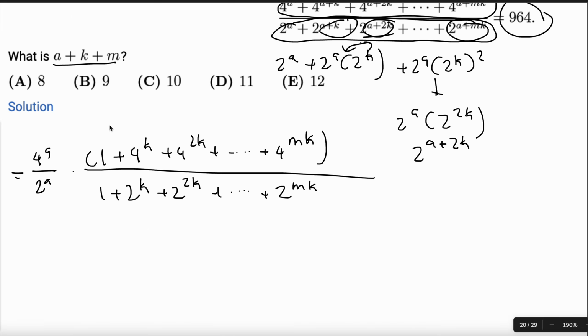And so we'll just continue simplifying. This is just going to equal 2 to the a, because that's 4 over 2 to the a, so 2 to the a times, and so now we need to find the sum of these sequences.